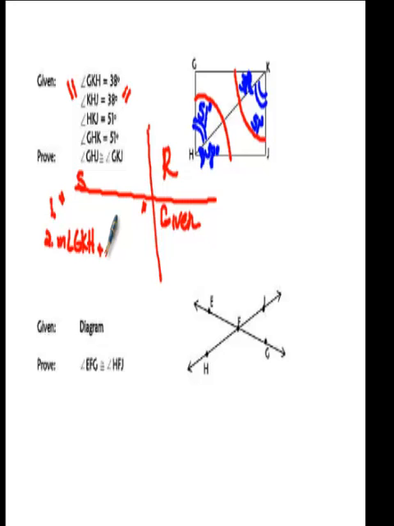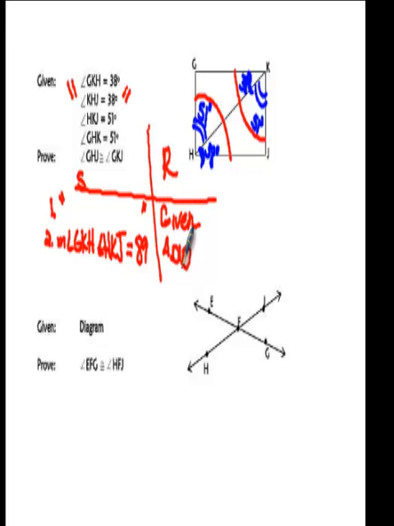So we can look at our diagram and see that one angle is 38 degrees and one angle is 51 degrees. So I can see that the measure of angle GKH plus the measure of angle HKJ is equal to 38 plus 51. That would be 89 degrees. And that is by addition. That's just by addition.